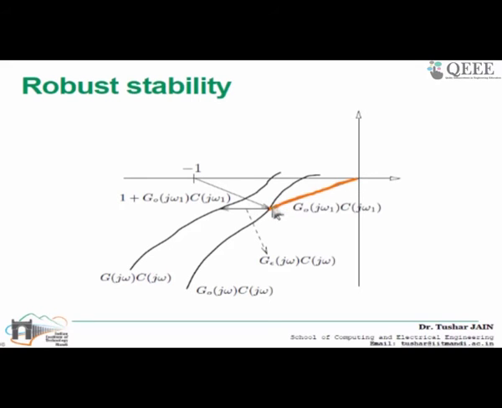Okay, from here I know that the uncertainty is this one, which is given through the additive modeling error, where the multiplicative modeling error is inbuilt. So this phasor should be less than this phasor, of course, otherwise it is going to cross the -1, 0 point.